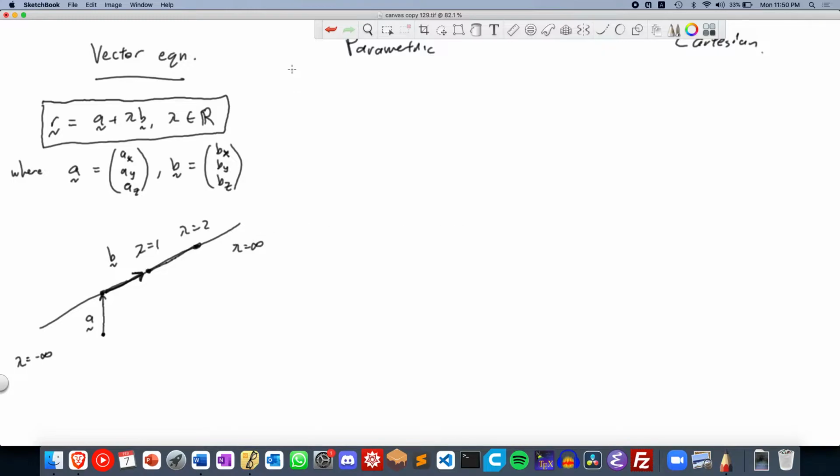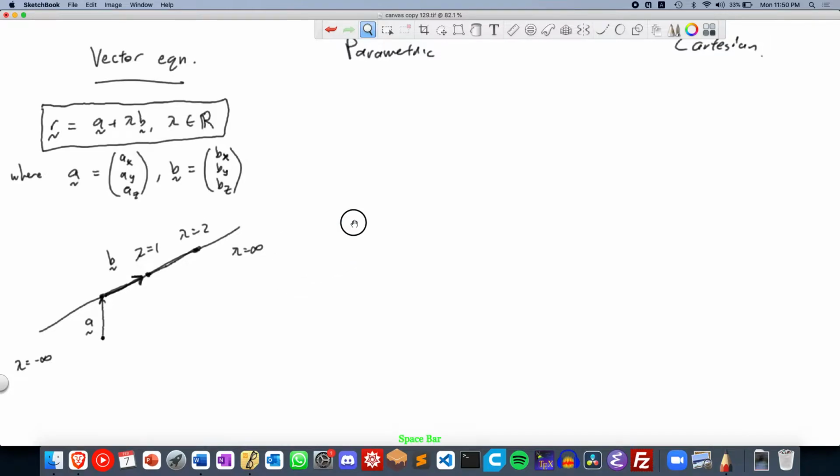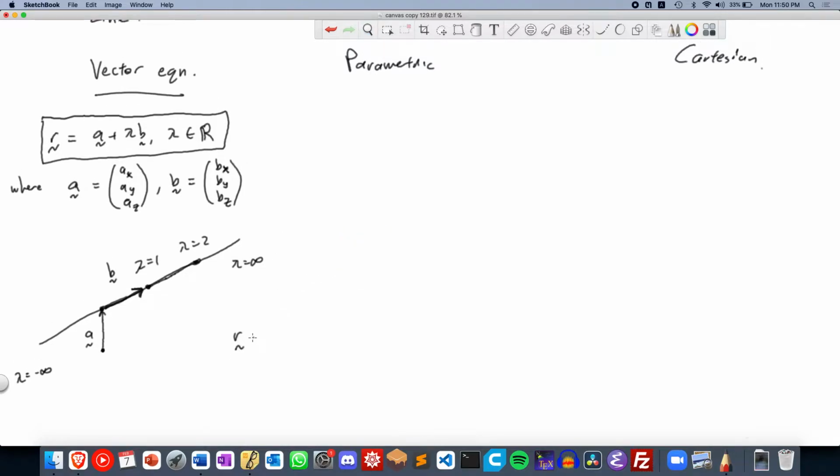Okay, so another way to look at it, right? If we write r equals x, y, and z, because x, y, and z are the coordinates of the points on the line, then we can actually get x, y, z equals ax, ay, az plus lambda bx, by, bz, where lambda is a real number.